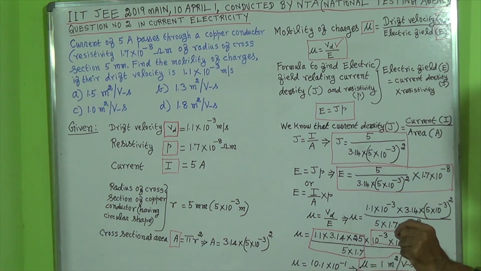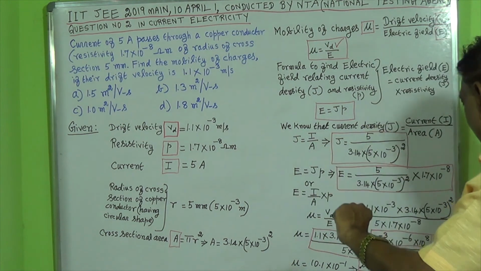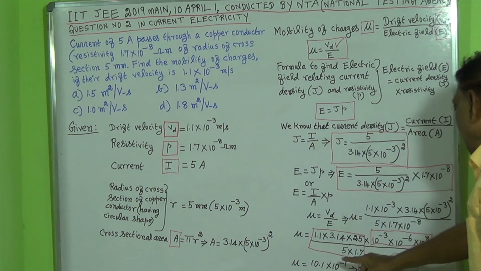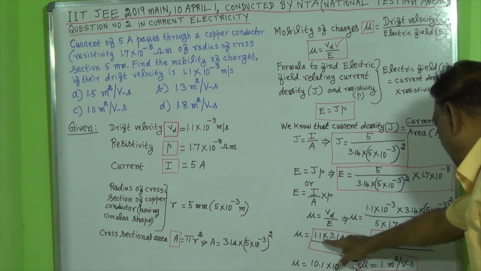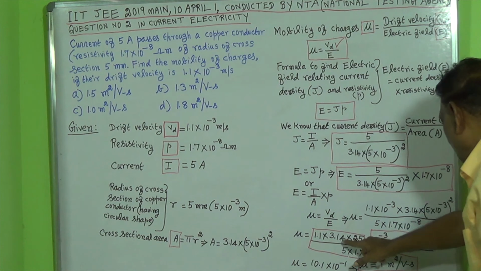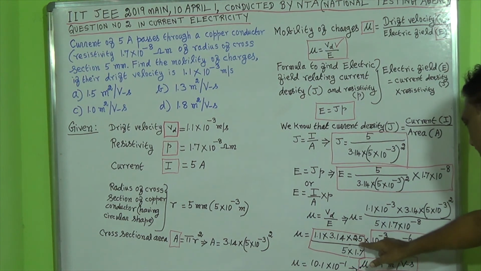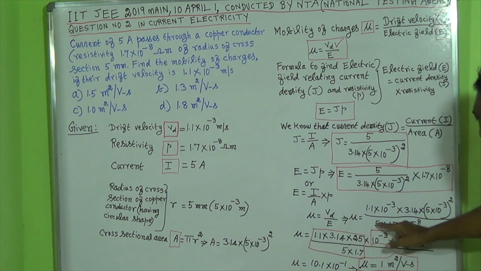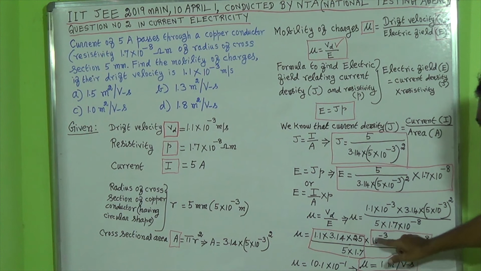Then if we multiply all numerical factors, we will get 10.1. What are the numerical factors? There is 1.1, 3.14, 5 square equal to 25. Then in the denominator already the 5 is there and 1.7 is there.